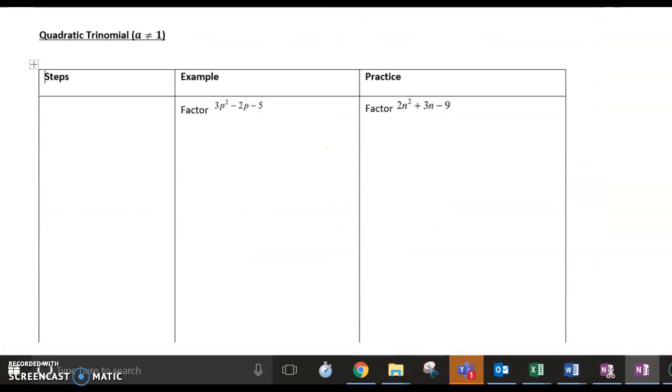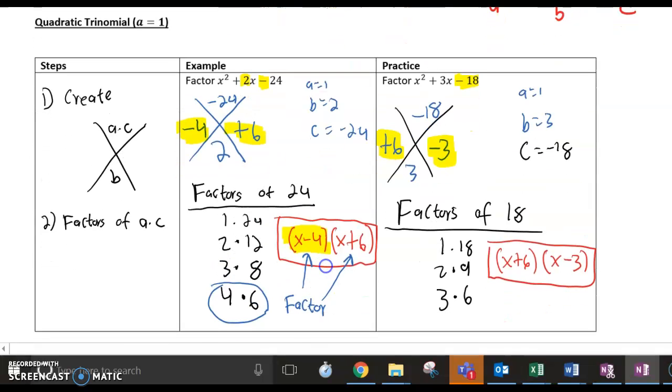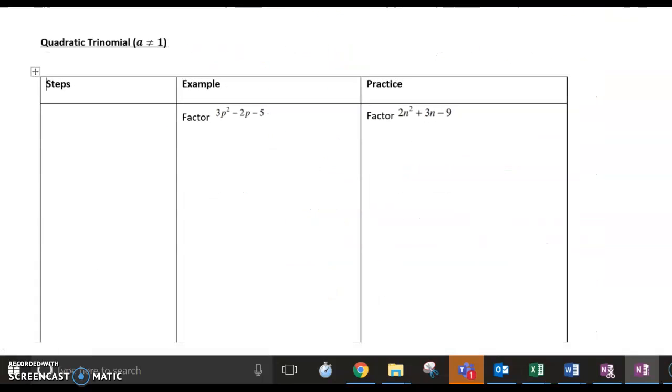Okay, we have our second type of problem today. Our first type of problem was when A equals 1, right? Because each of these had an invisible 1 up front. But down here, A is not 1. A, in this case, is 3.